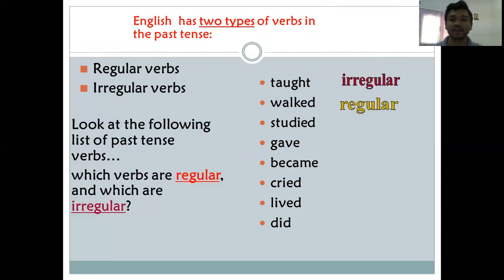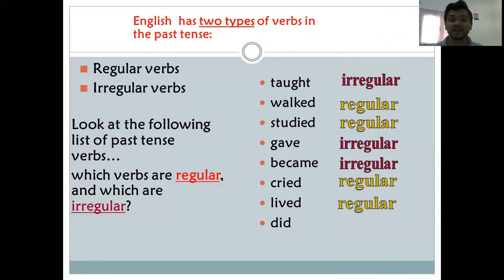Walked, regular. Studied, irregular. Gave, irregular. Became, irregular. Cried, regular. Lived, regular. Did, irregular. Now, based on the illustration, how will you define regular and irregular verbs? Taught, irregular, but walked, regular. Why is that?